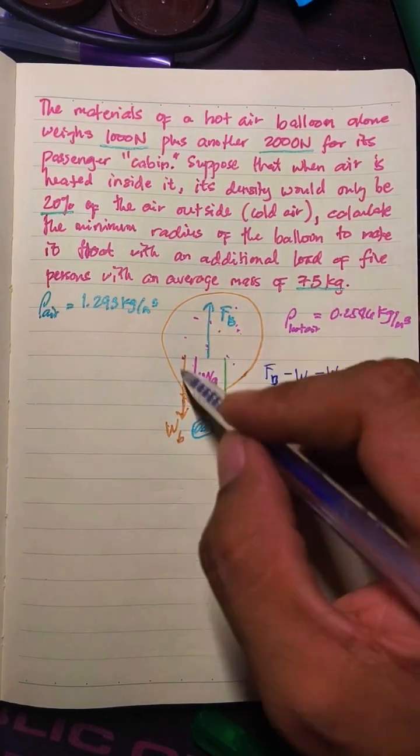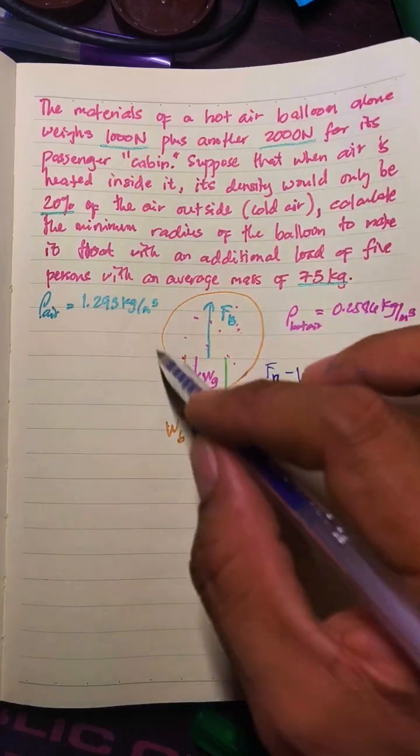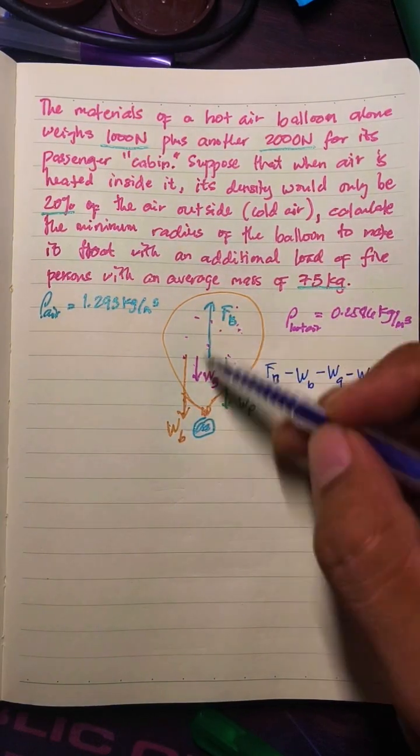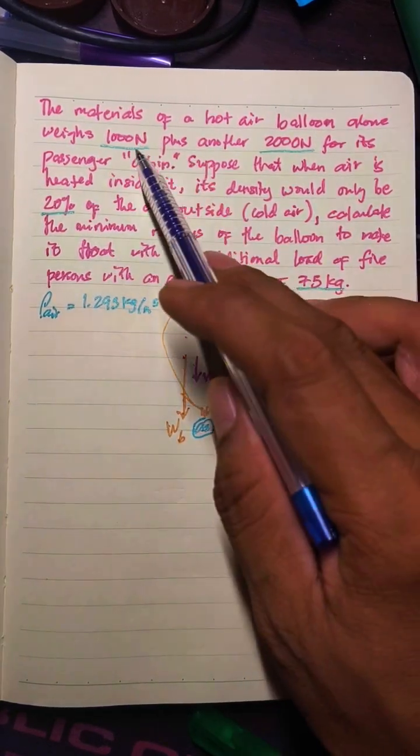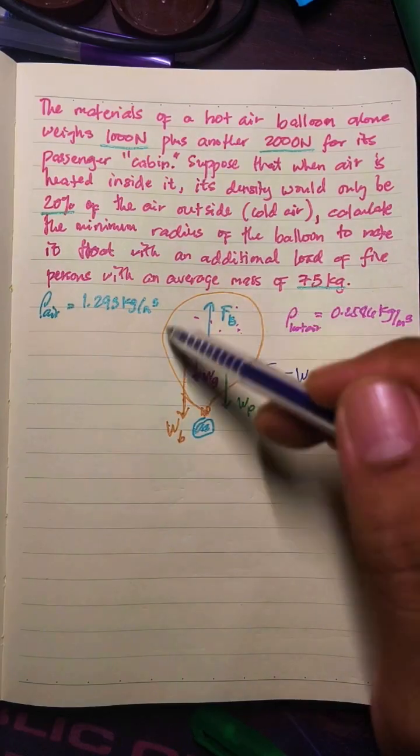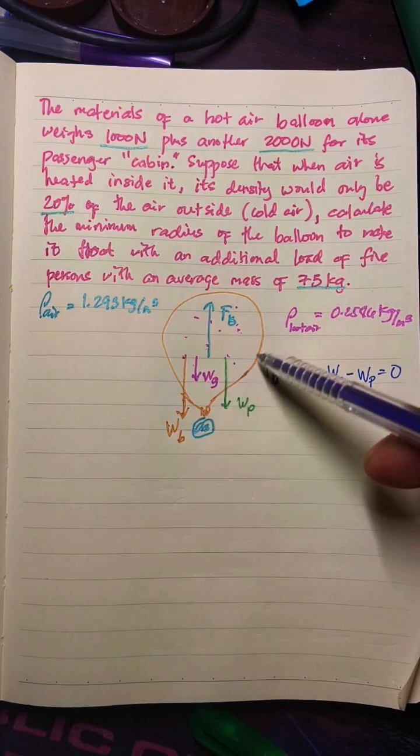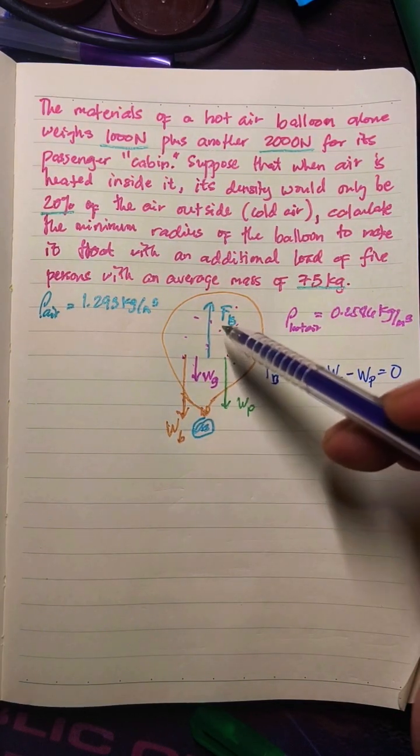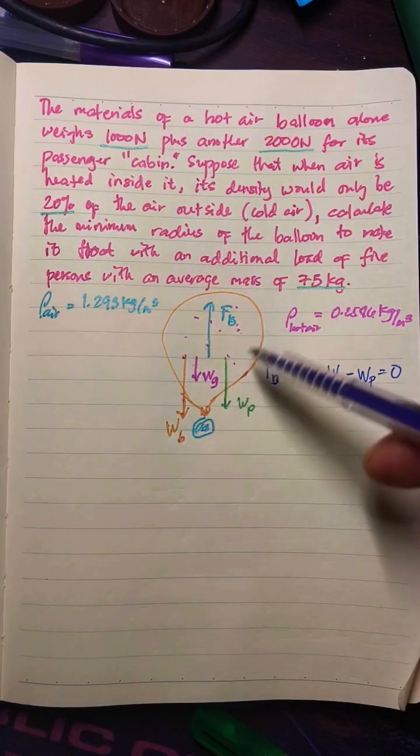Regardless of the shape or the size, when you blow this up, the weight of the balloon material will stay at 1000 newtons, or about 100 kilograms. It doesn't change, because it's just the measured weight of the material.